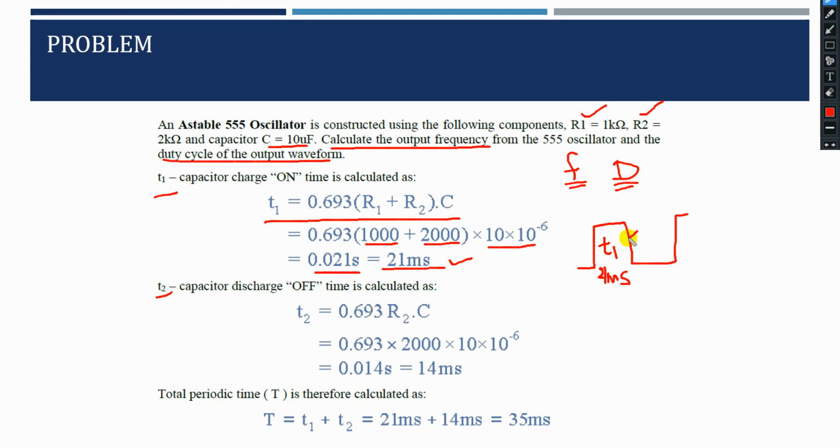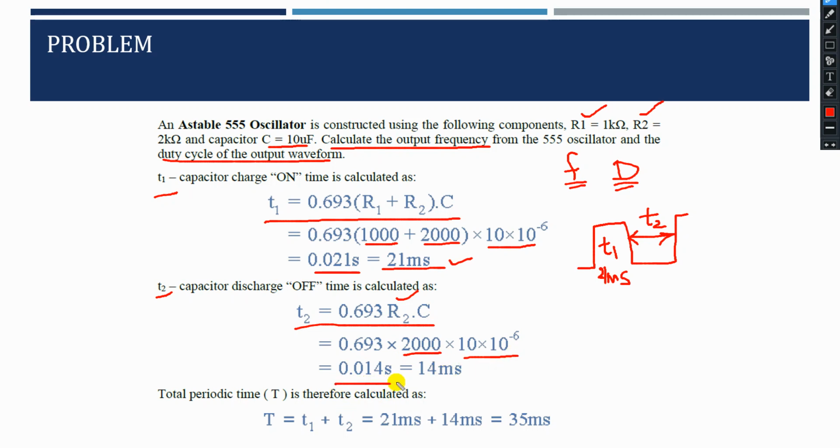Now let us find out the T off condition, the T2 condition. For T2 we need only R2. By the formula, T2 is equal to 0.693 into R2 into C. R2 is 2000 into 10 to the power of minus 6.